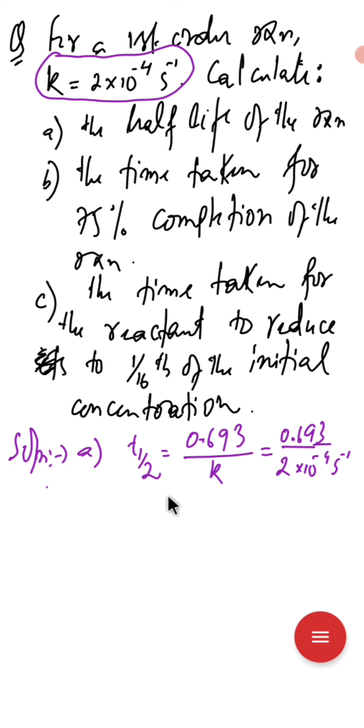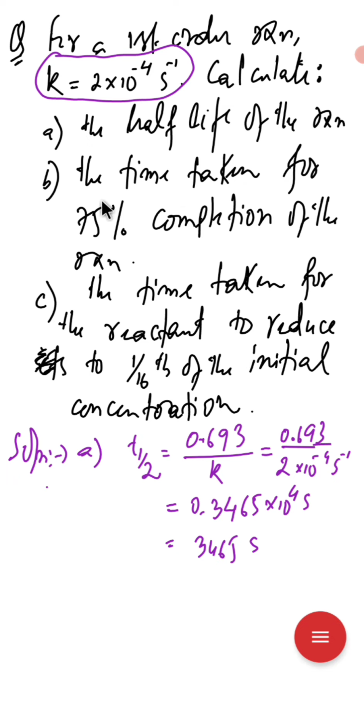Dividing, we get 0.3465 into 10 to the power 4 second, or you can just write 3465 seconds. So this is the half-life of this first order reaction, right?